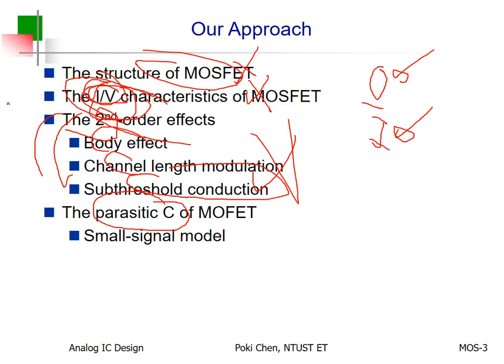And this is the reason why we need to know such kind of small signal model. But even as an analog IC designer, you only need to know the simplest one, I mean, the simplest small signal model. I will show you not the complete one, but one much more complicated than you need to know.